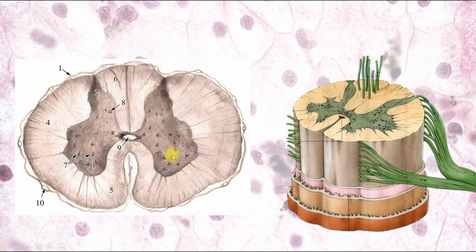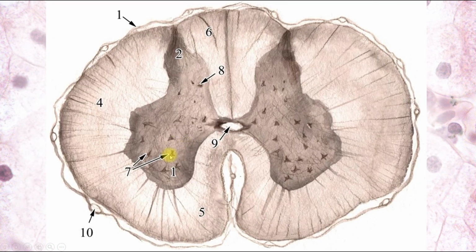So here is its appearance. And here we can see star-like points inside gray matter. There are perikaryons of neurons, and perikaryons of neurons form nuclei of the spinal cord. They are groups, they are elongated, they follow the longitudinal axis of the spinal cord, and on the cross sections they have the appearance of nuclei, and that's why they are called nuclei.